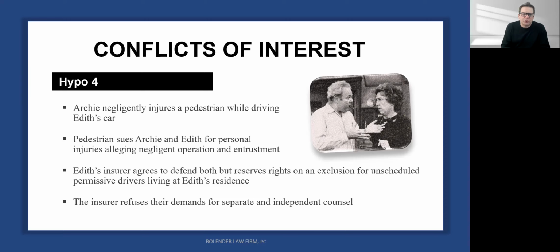And that exclusion basically says if Archie was living with Edith at the time, he wasn't an insured because he's unscheduled. Now, they demand independent counsel, and the insurance company refuses their demand. Who wins and who loses?